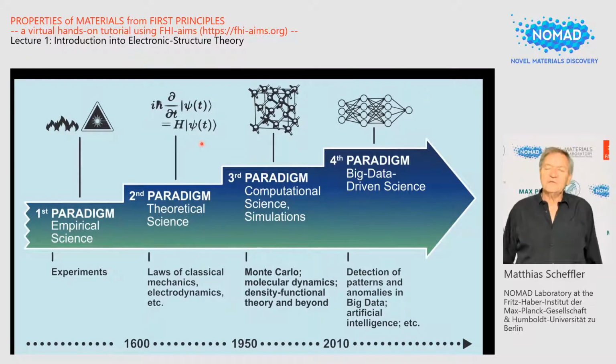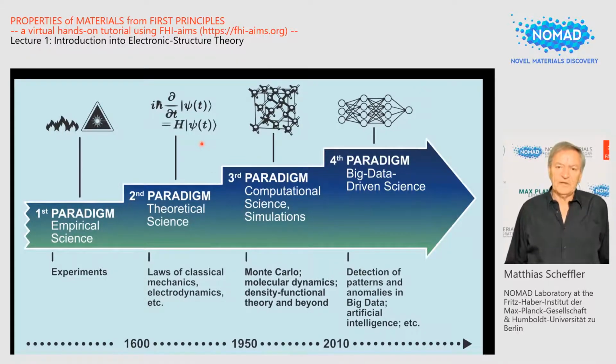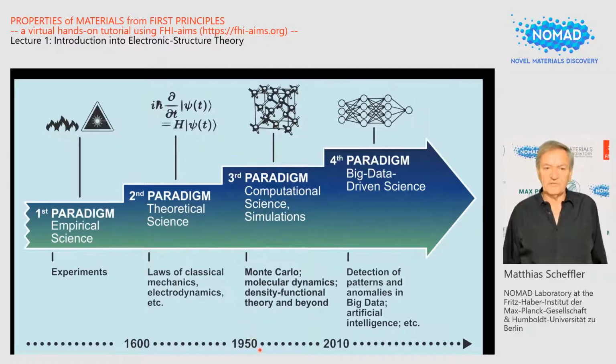Since the 1950s, electronic structure theory was advanced for materials by John Slater. The Monte Carlo method was introduced by Metropolis et al., and Alder and Wainwright and Rahman introduced molecular dynamics. Hohenberg and Kohn-Sham laid the foundation of density functional theory in the mid-1960s.